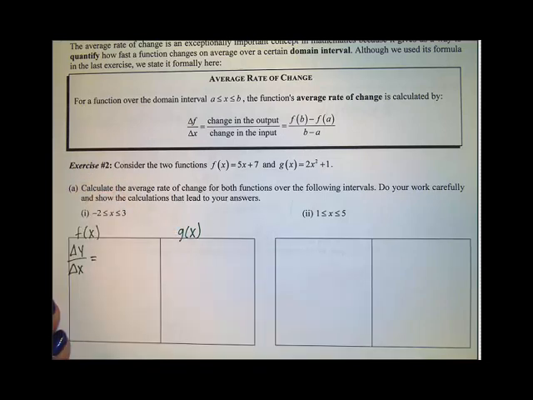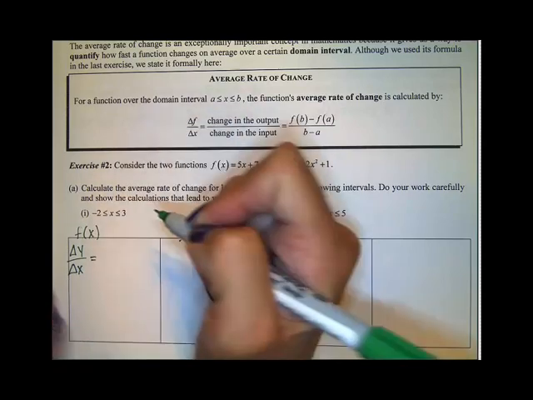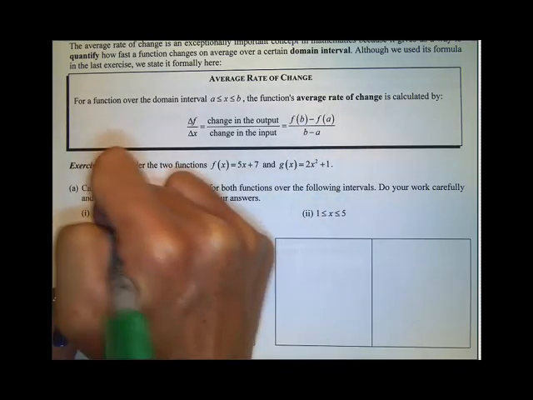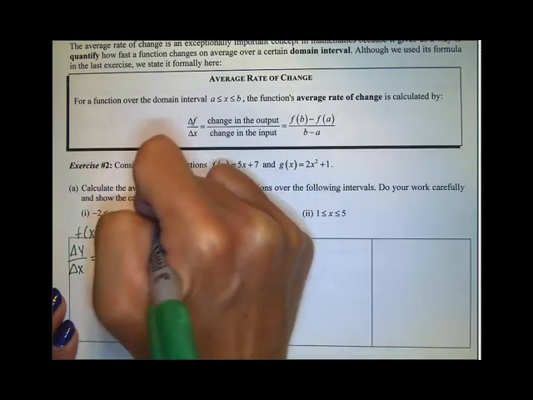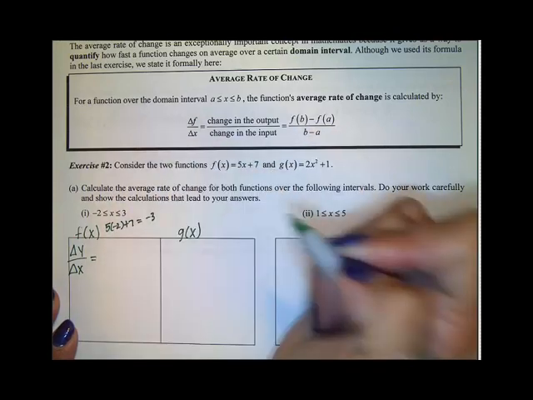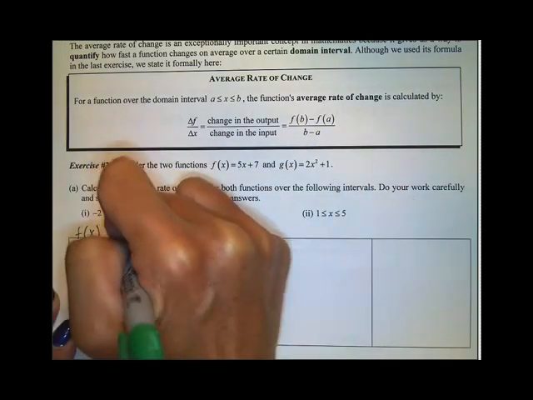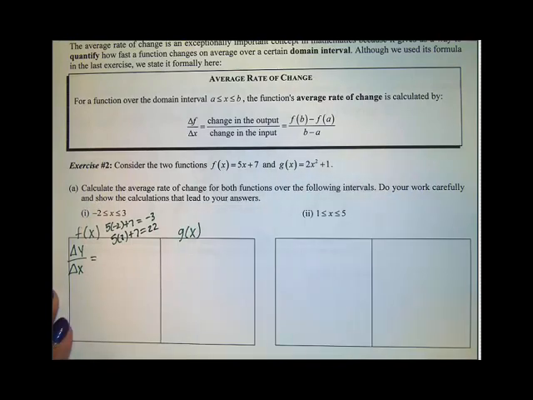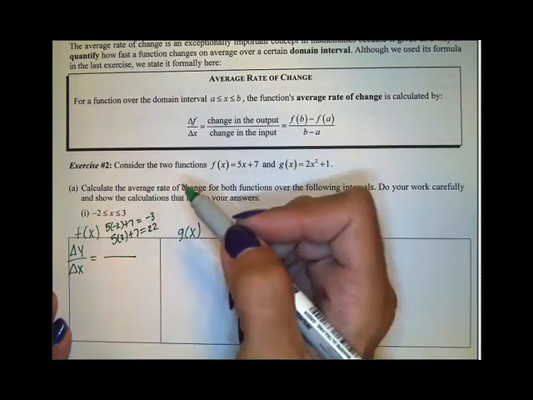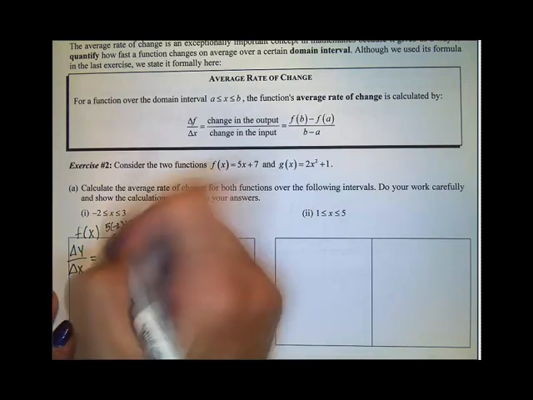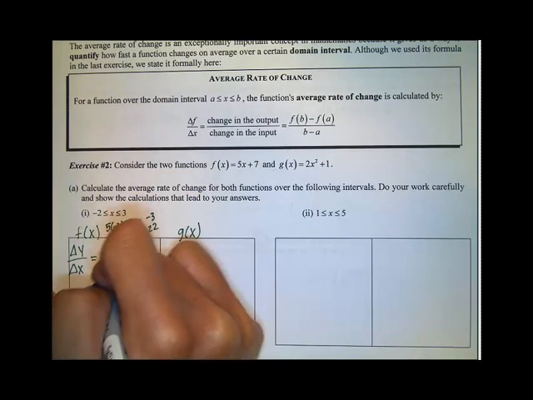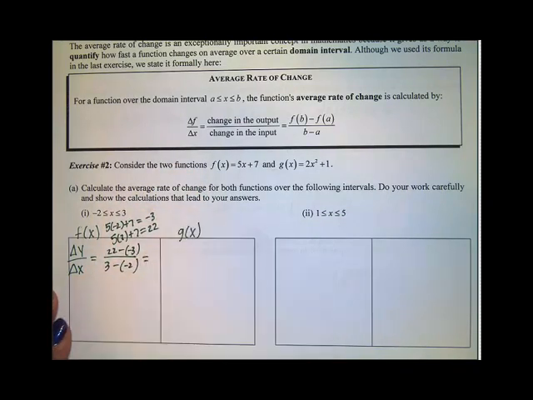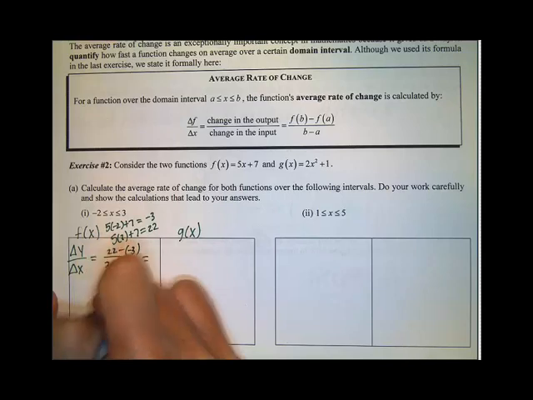What are the y values for -2 and 3? f of -2 is 5 times -2 plus 7, which is -3, and f of 3 is 5 times 3 plus 7, which is 22. So we need the change in y. We'll go 22 minus -3 over the change in x, 3 minus -2. And our answer is 25 over 5, which is 5.